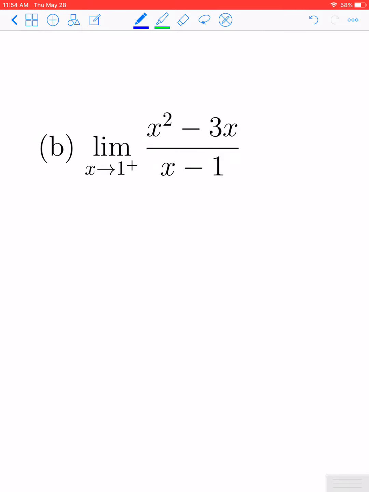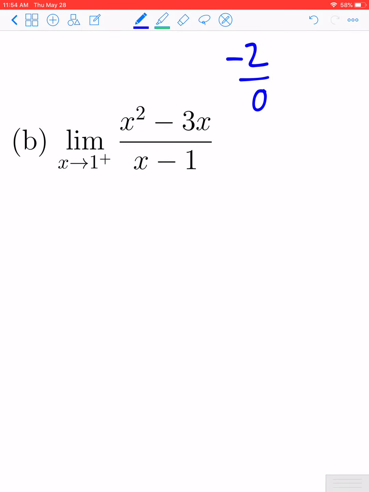You could do the same kind of thing here. Again, substitution of 1 would result in negative 2 over 0. So we know that as we approach 1 from the right-hand side, it will be approaching one of the two infinities. To figure out which infinity it is, let me plug in something that's close to 1 from the right. Maybe I'll plug in, let's say, 1.1.